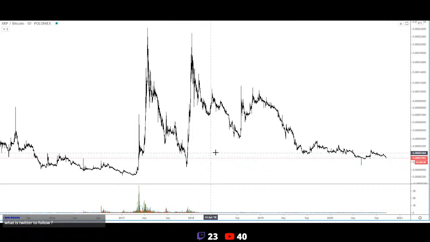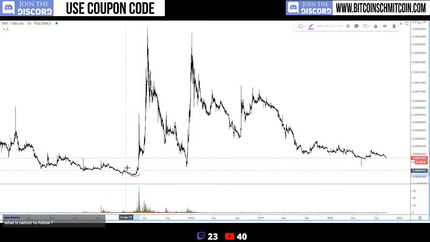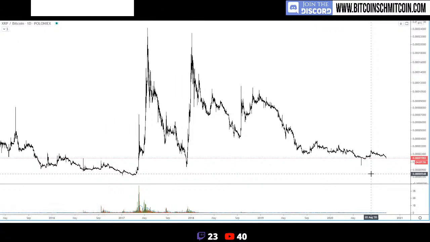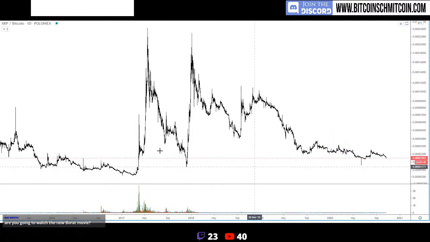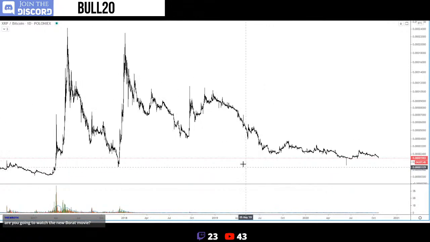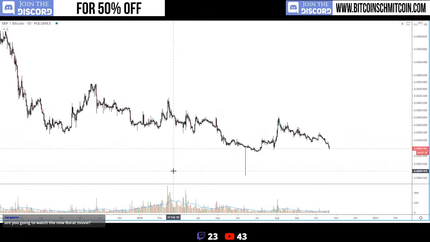I'm of the belief that we are somewhere in here. I think the bottom, the end is near, the end is nigh. I'm on the corner with my sign and my dirty clothes screaming, repent, the end is near. But I think Ripple's about to just rip, no pun intended. I think it's really going to rally pretty hard. It's going to be swift, it's going to be violent, it's going to be hated, it's going to be reviled. Don't care. Great chart.